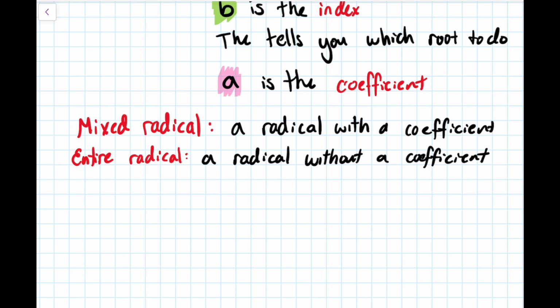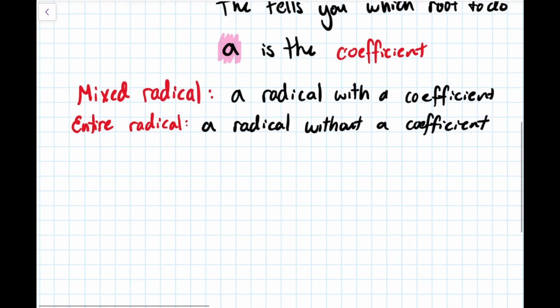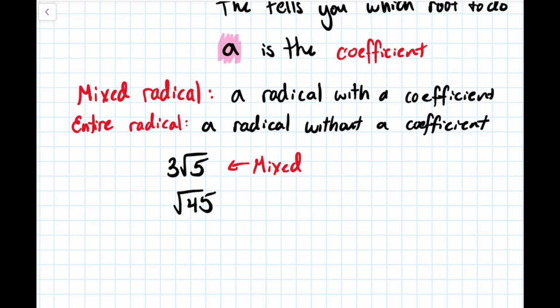So this video is mostly going to focus on just moving between them. So if you want to use a specific form to do a specific thing, you might have to switch a given radical from mixed to entire or vice versa. So, for example, we have 3 root 5, and eventually we're going to be able to turn that into root 45. So the one on the top, that's our mixed, and the one on the bottom is our entire.